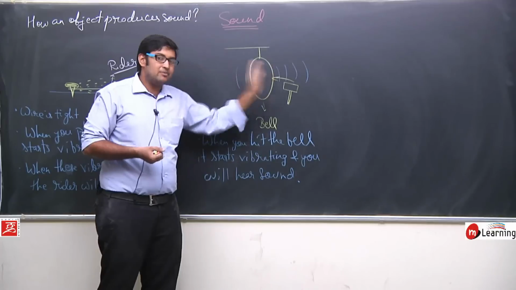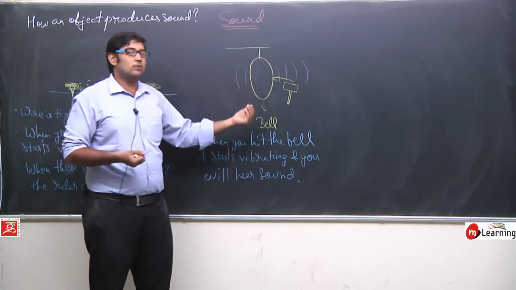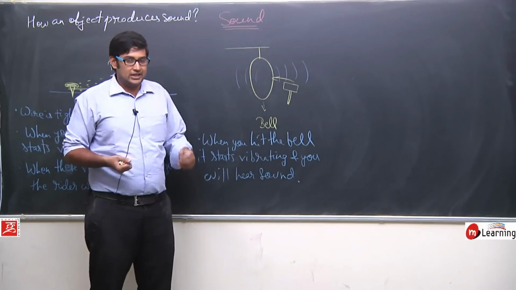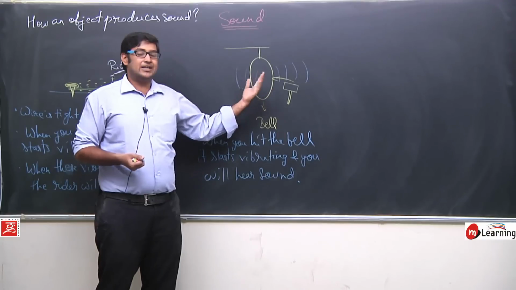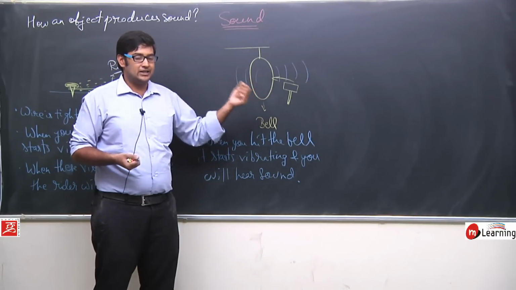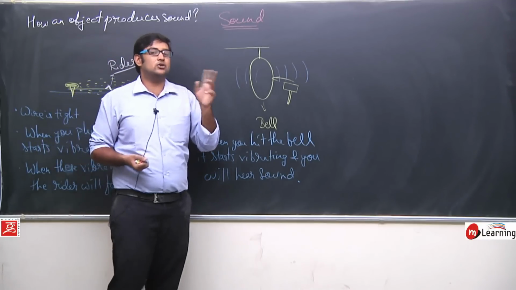The vibration will start again and you will hear some sound. But whenever you stop this vibration, the sound will cease to come. Whenever this bell is vibrating, the sound is coming out of it, but whenever it stops vibrating, the sound will stop.